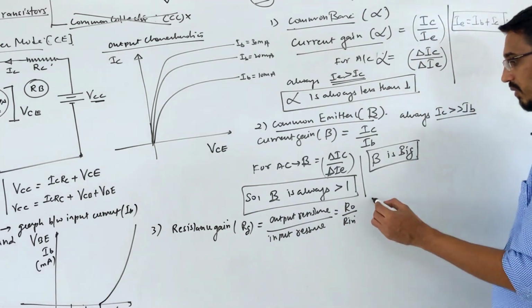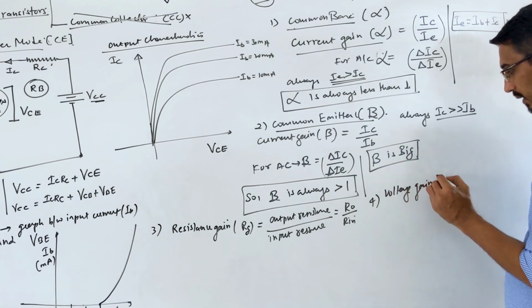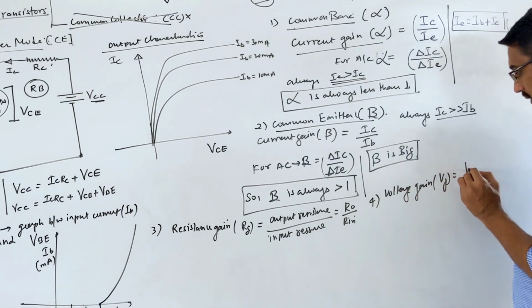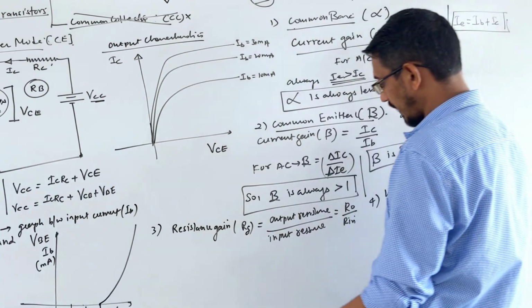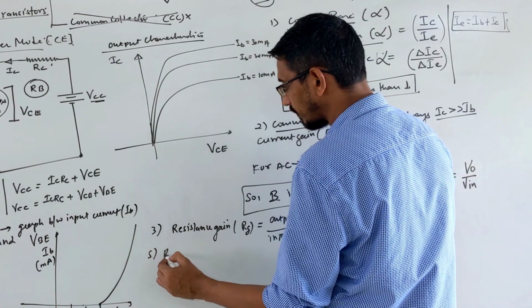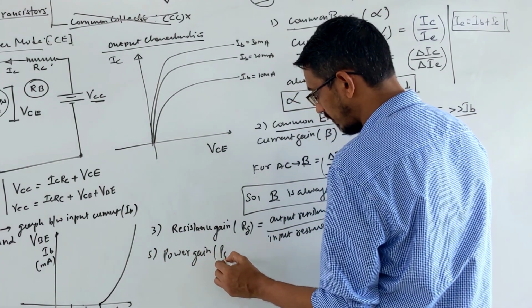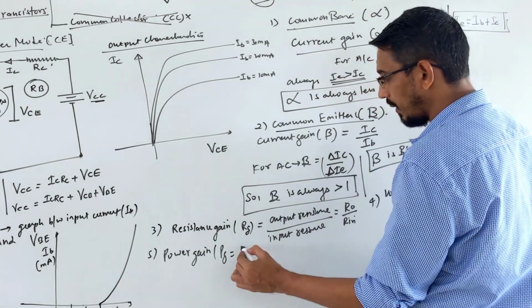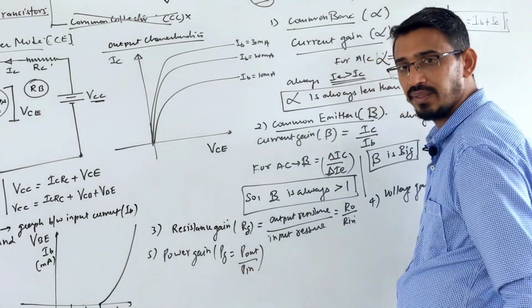In the same way, we talk about voltage gain. Let's call it Vg. The answer is V out by V in, no change. Similarly, power gain. Let's call it some symbol, Pg. It is P out by P in. That's your power gain.